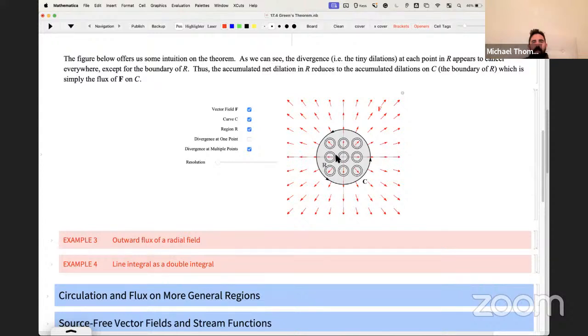So there's a cancellation between these two. And that's actually true between any two pairs.